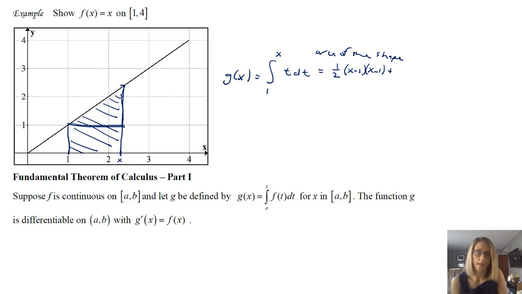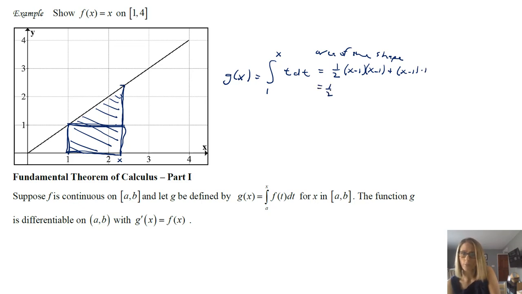Plus the area of this rectangle, which is simply going to be x minus 1, because that's this distance here, whatever x is minus 1, because we're not including this, and then the height here is 1, so times 1.